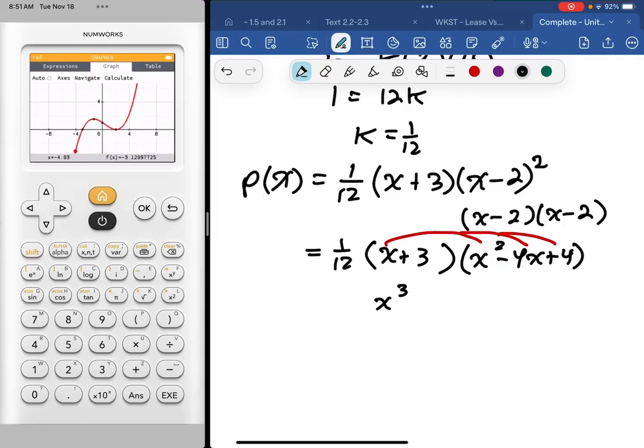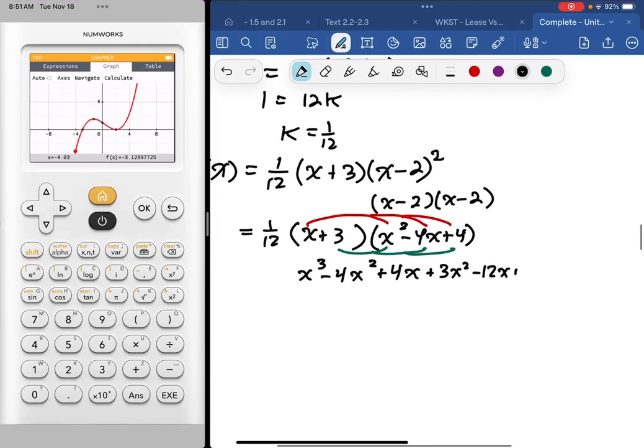So x to the third minus 4x squared plus 4x, plus 3x squared minus 12x plus 12. Simplify. I've got my 1/12 x to the third.